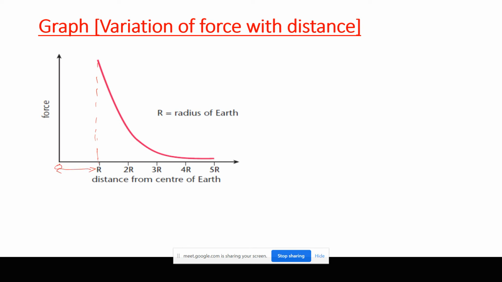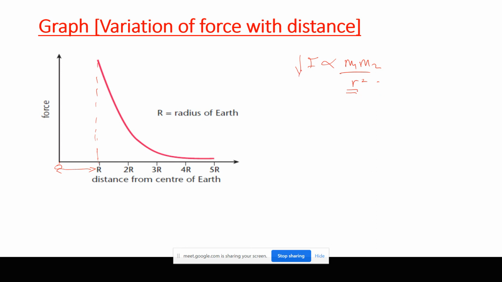So this is at the center of the Earth where g is 0. This R stands for the radius. As we move away from the Earth's surface, because the force is inversely proportional to the square of the distance, and proportional to the product of the masses, as R increases, the force F decreases by a very significant factor.